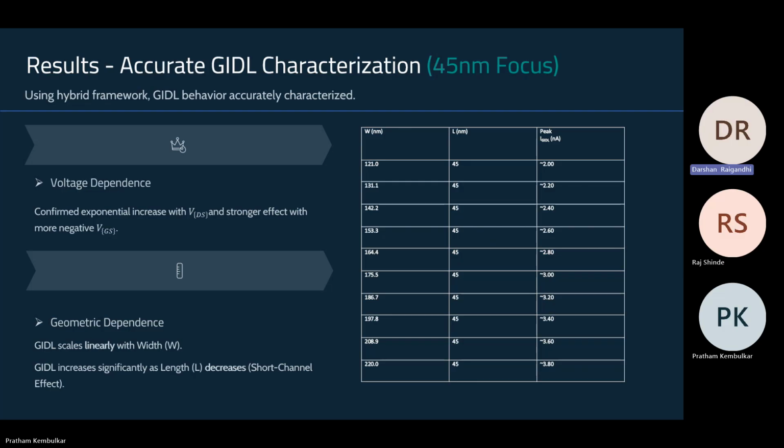The table shows all the values and the analysis. Overall, the GIDL current grows exponentially with scaling, confirming that quantum tunneling becomes increasingly dominant at advanced nodes. Our result highlights that even small changes in device geometry or bias can lead to large variations in leakage current. From now on, my teammate Raj Shinde will take over.